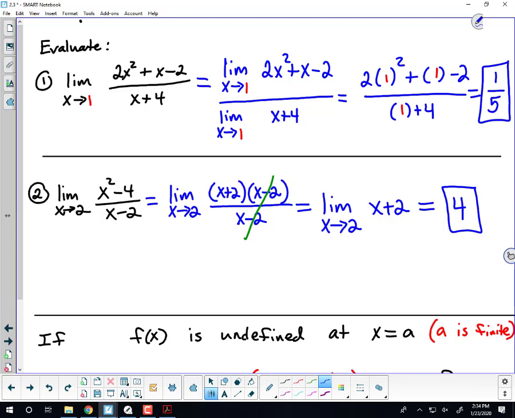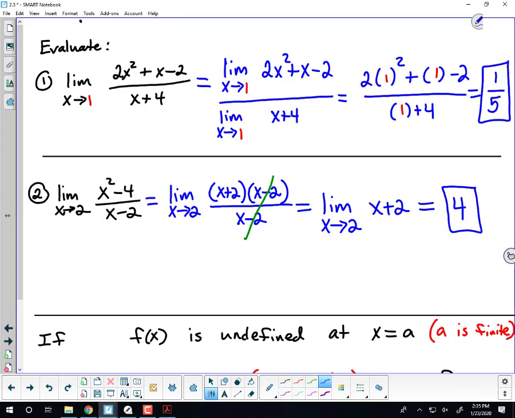When we factor a rational function and factors in the numerator and denominator cancel, what does that give us on the graph? A hole, right? It's a hole because the function x squared minus 4 over x minus 2 is not defined at an x value of 2. But we see that function is identical, in a sense, to the linear function x plus 2.